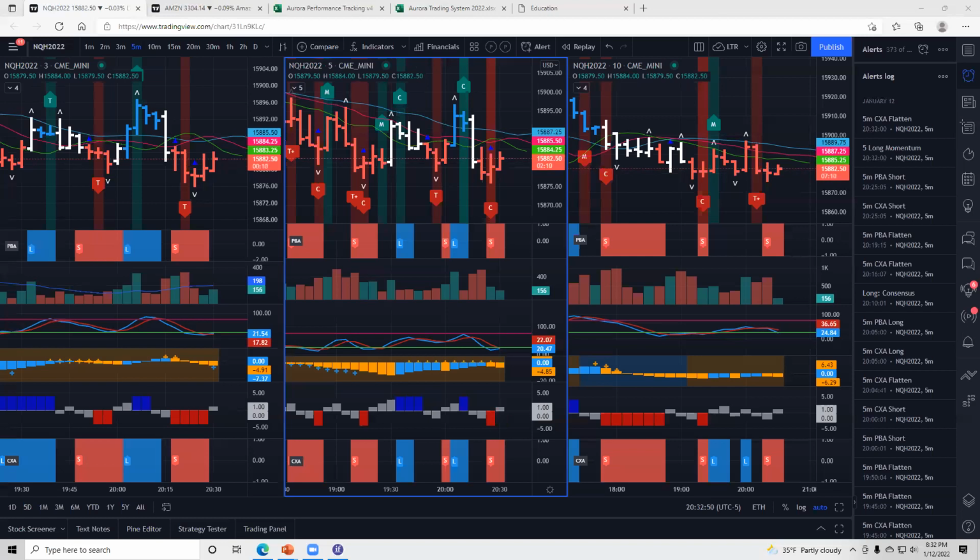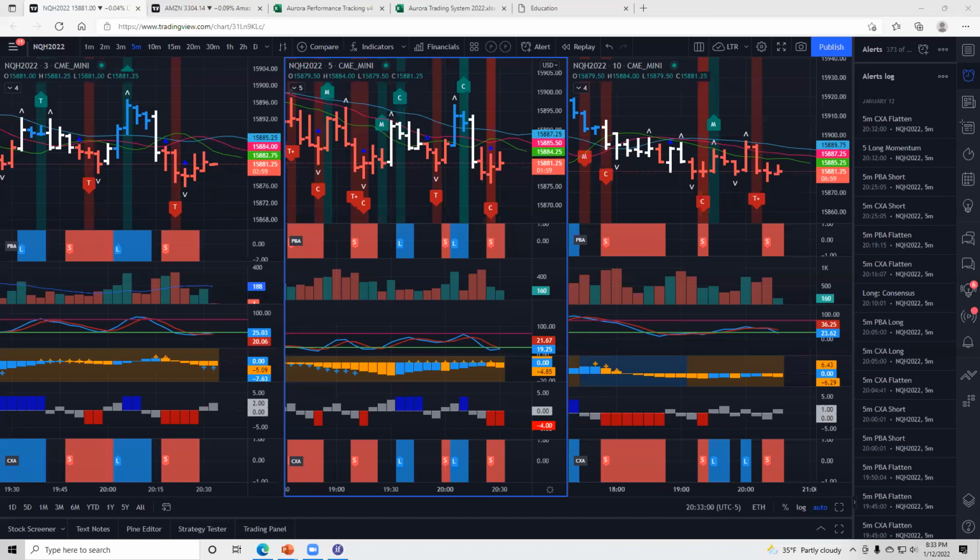It won't hit 9 points off of your entry, Artem, but as soon as you're in the trade, you're managing it based on the bar open. So if it gets to 9 points off of bar open, what I would be doing is locking in 5 points off of my open, so that I'm taking 5 points of profit based on my open.